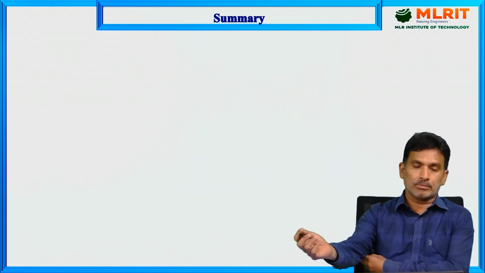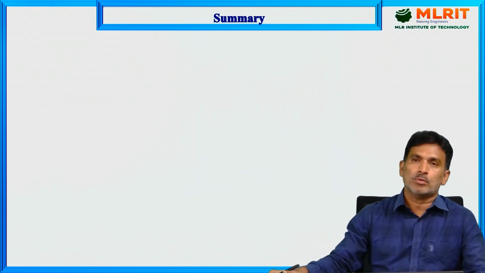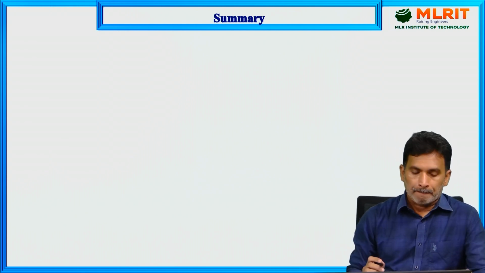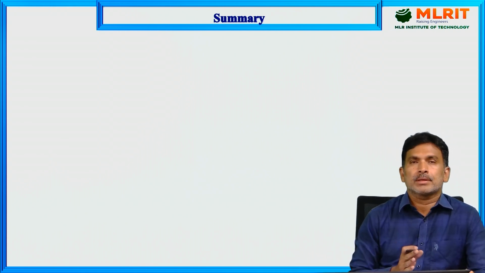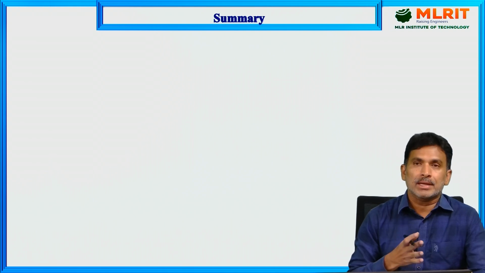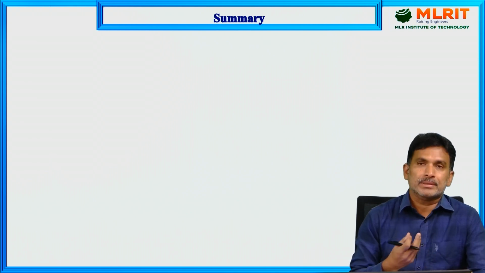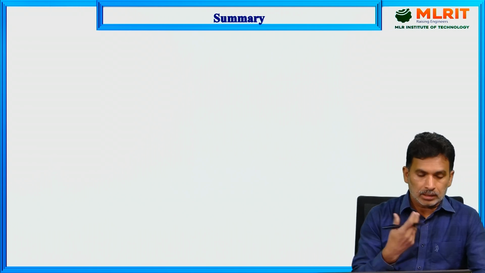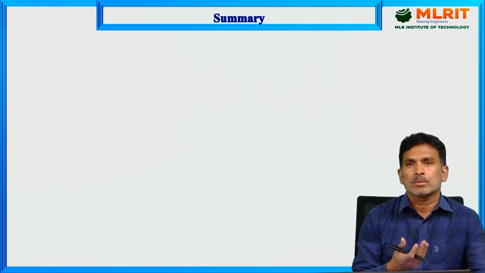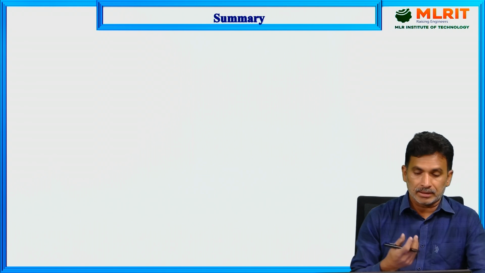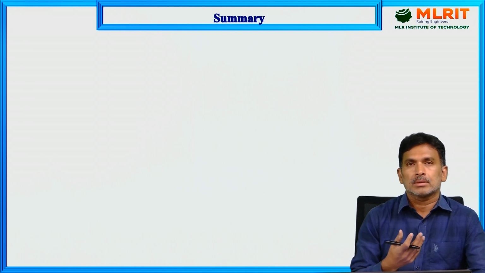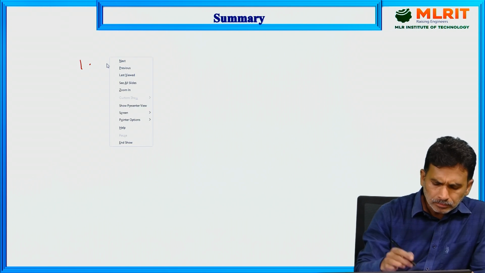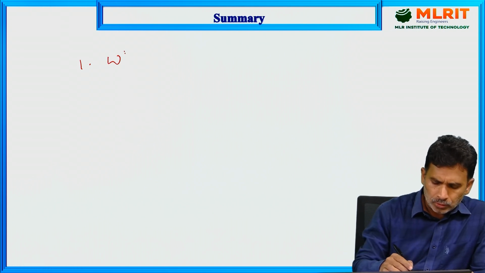So let us quickly summarize what we discussed and the key takeaways from this video lecture. In the previous lecture and in this lecture, I mainly emphasized how gradients would be updated, and the different gradient descent algorithms based on the number of samples.